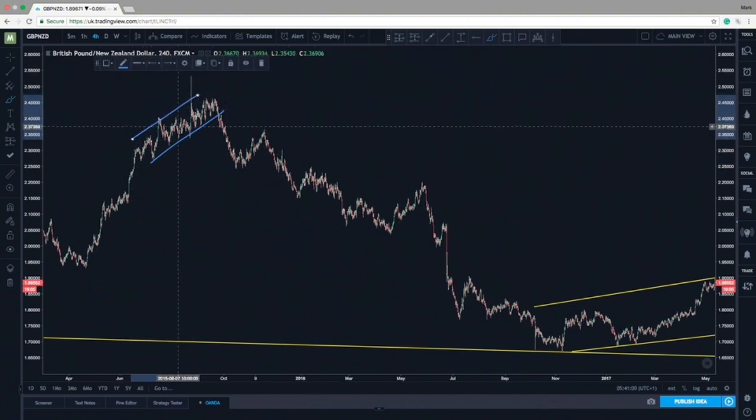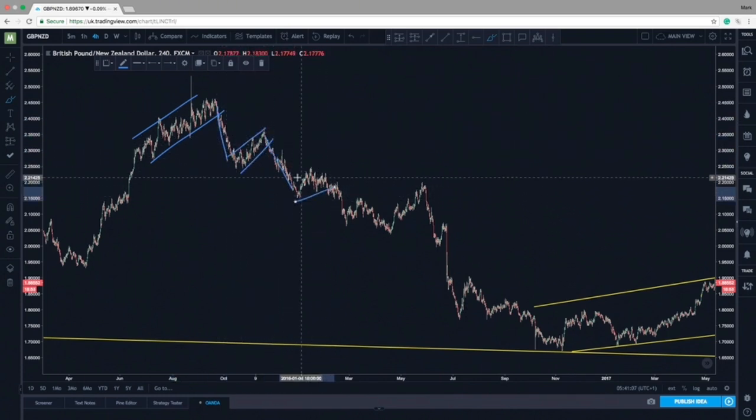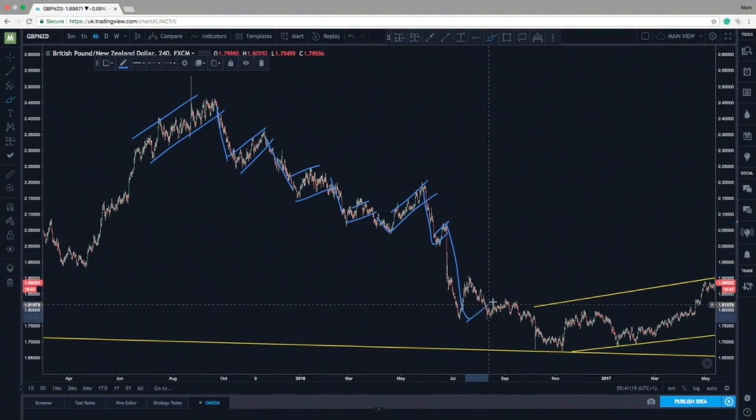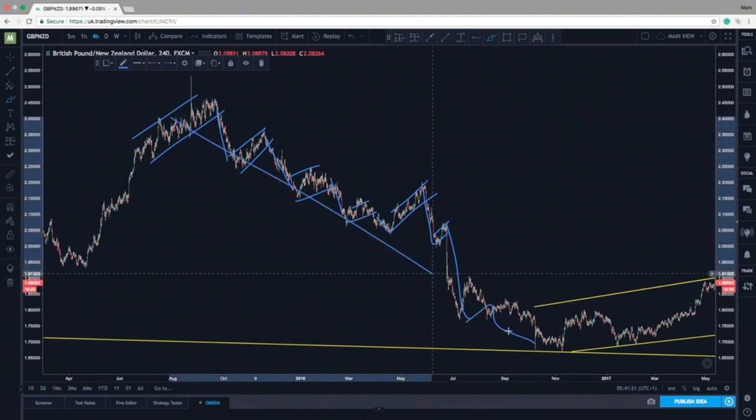And then we have our correction, we have our impulse, we have our correction, we have our impulse, correction, tiny little impulse, this correction here, impulse, tiny correction, and then a bigger impulse down, and then we just trickle our way down. But the whole move is the impulsive leg, essentially. But as you can see within there, there are still impulses and corrections. So this is the matrix of it.